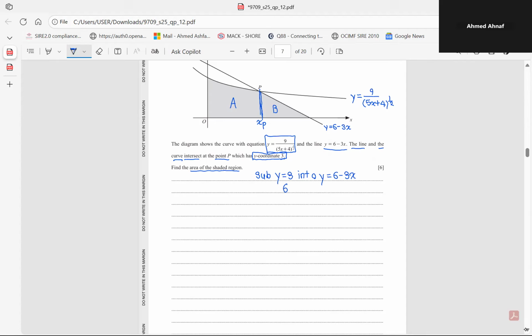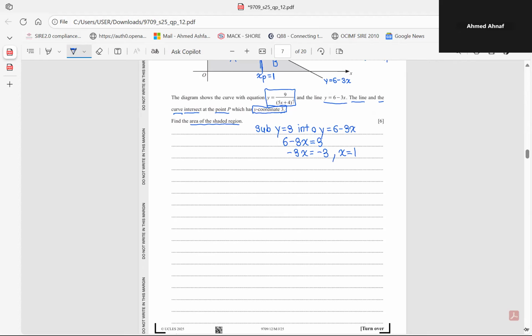So you get 6 minus 3x equals 3. Minus 3x would be equal to 3 minus 6, that's minus 3. And then x would be equal to 1. Hence, xP is 1. Okay. Now we can find the area of A.